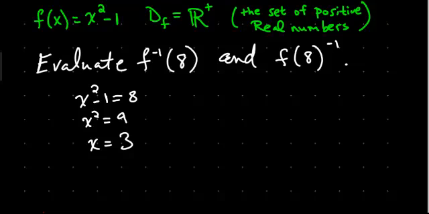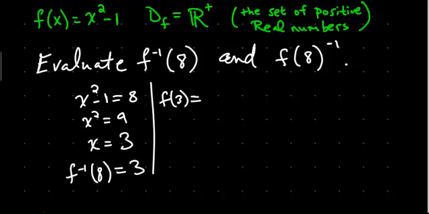So that is f inverse of 8. To see that again, f of that value equals 8, and that means the inverse takes 8 and sends it back home. Okay?